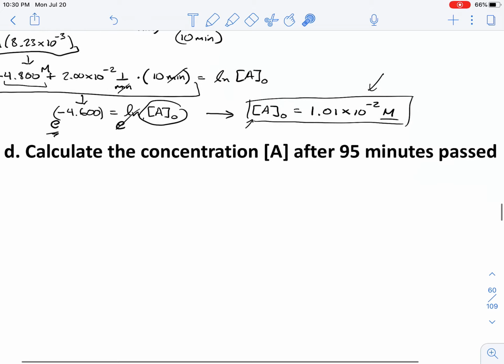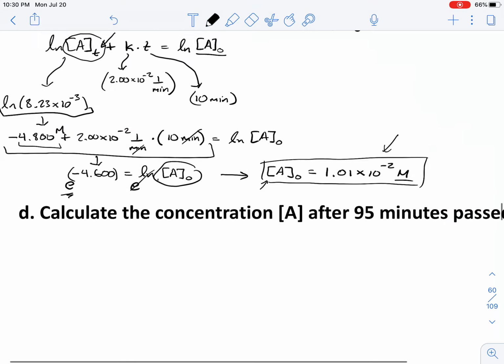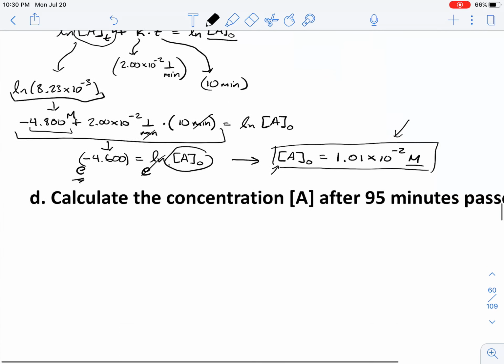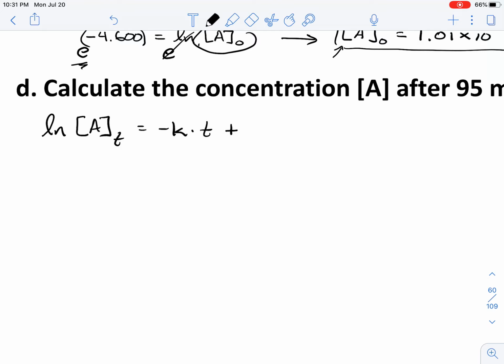So the last thing that we're going to look at is the concentration after 95 minutes has passed. And so once again, we're going to utilize the expanded form of the integrated rate law for first order kinetics, which is the natural log of the concentration of A at any time period, which equals negative K times T plus the natural log of the initial concentration.